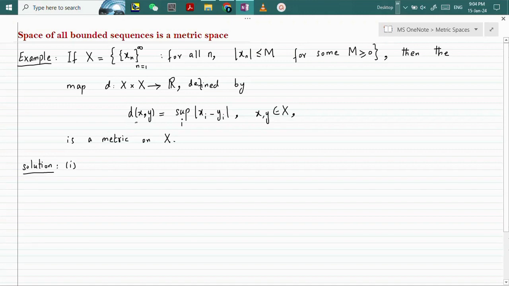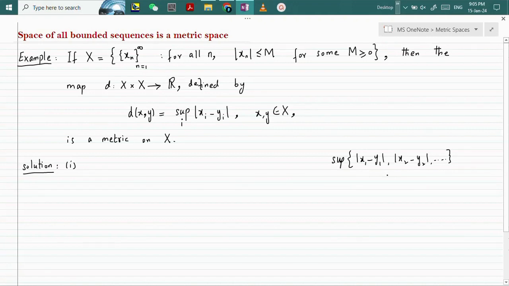So here d is defined by this expression: d of (x, y) is equal to the supremum over i of mod of xi minus yi, where i is from 1 to infinity. So we prove the first property, that d of (x, y) is non-negative. Here, we know the supremum of the set mod of x1 minus y1, mod of x2 minus y2, and so on. What is the supremum of this set?